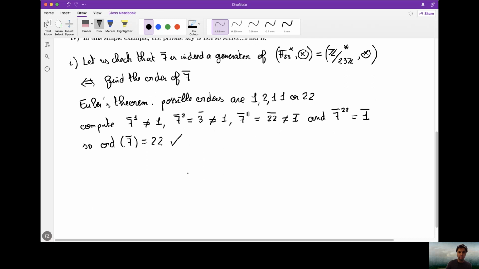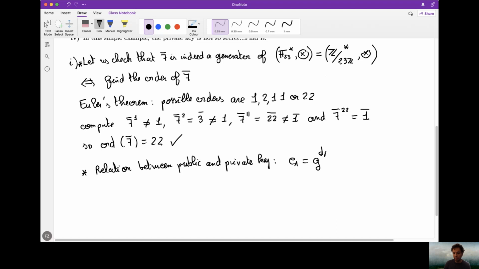The second thing that we need to check is the relation between the public and private key. The relation should be that EA is equal to the generator of the group to the power DA, right?